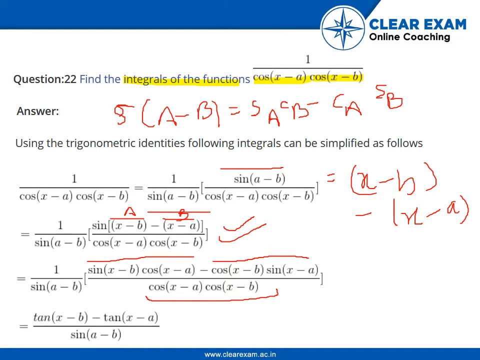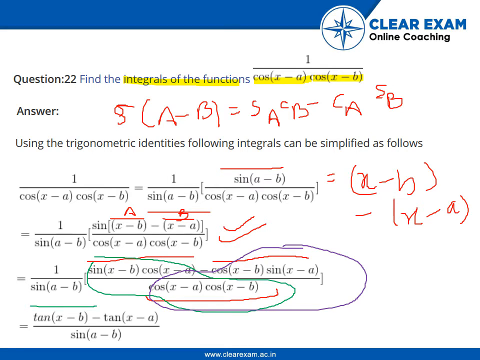Now what we do? We see that we can reduce some terms from the denominator and the numerator. If we take this part, the one highlighted in green, we get tan(x minus b), and then we take the other part, let me show it with a different color, the purple one.